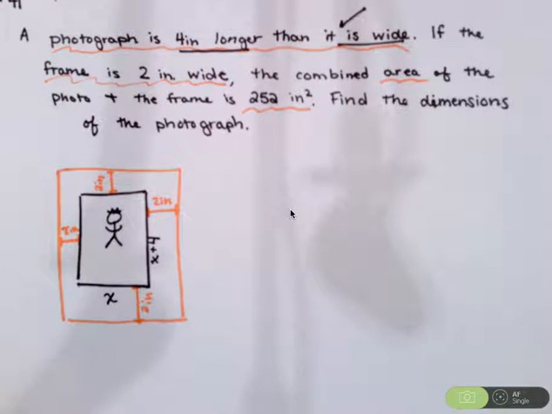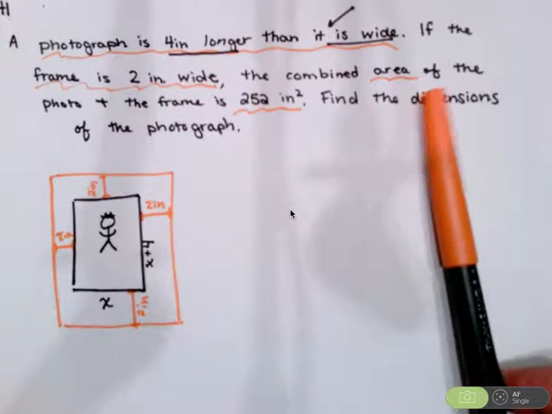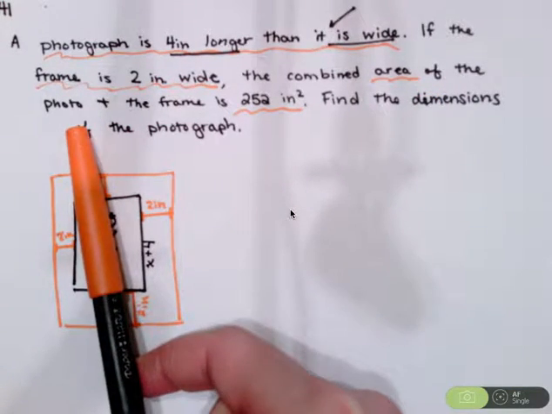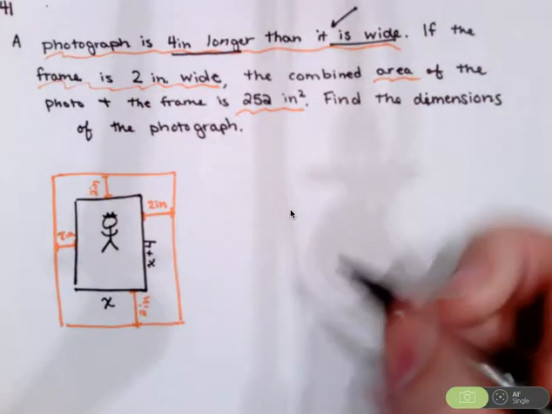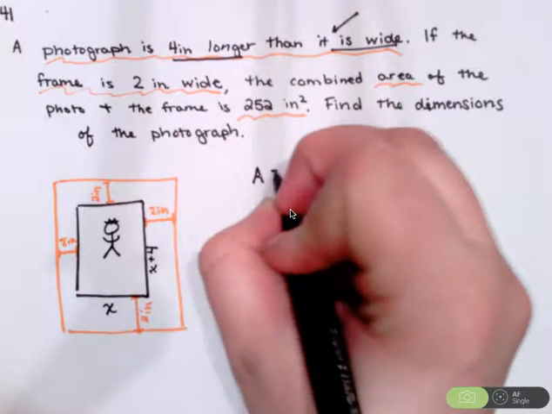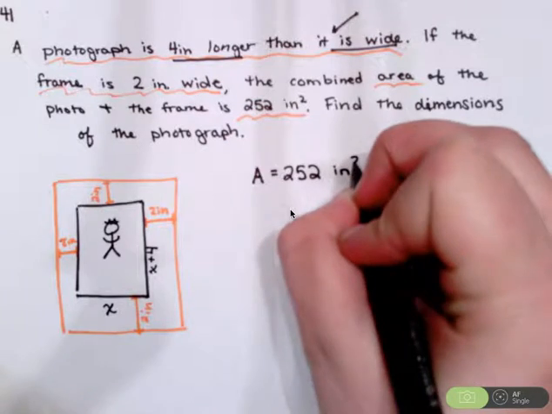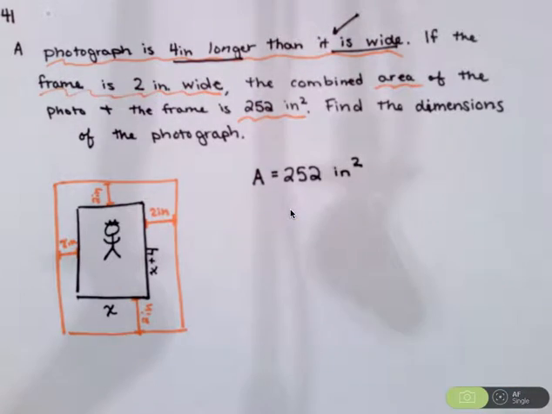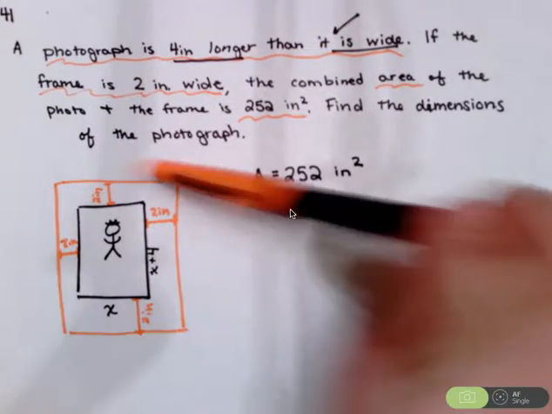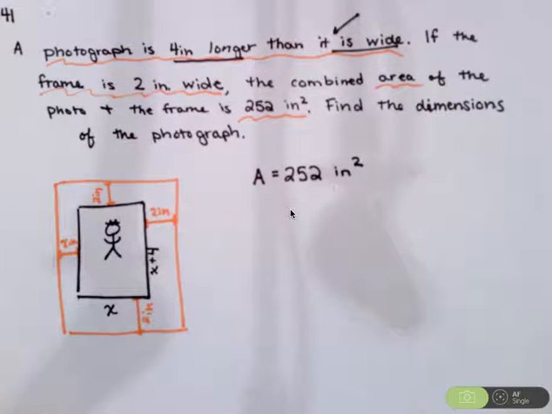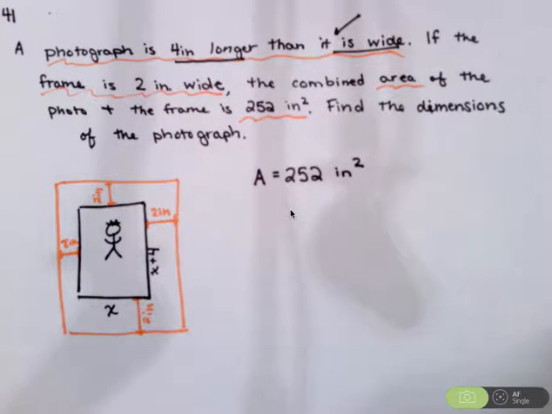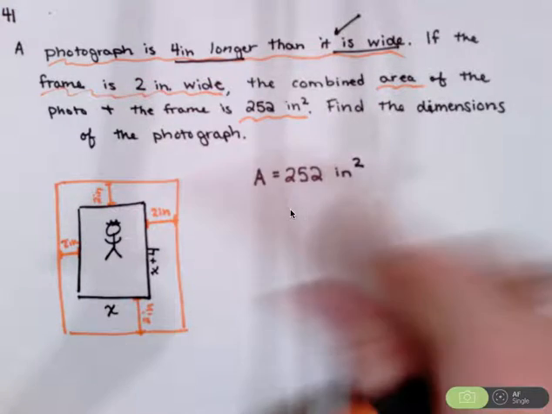Then it says we have a combined area of the photo and the frame of 252. So I know my area is equal to 252 inches squared. The shape of this is a rectangle, and I know how to find the area of a rectangle. That's where we have to start, because I want to find the dimensions of the photograph.